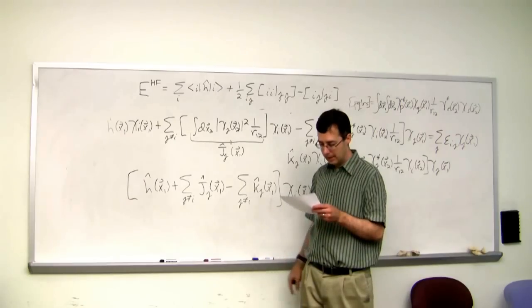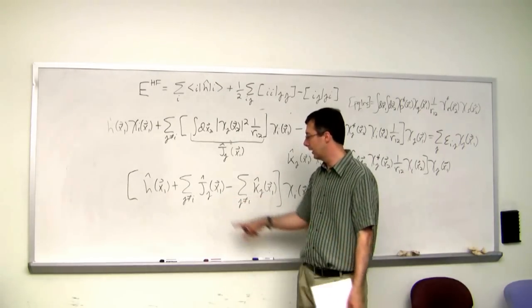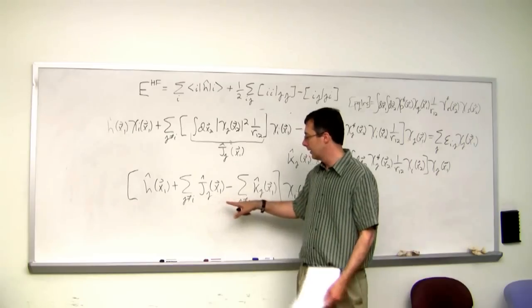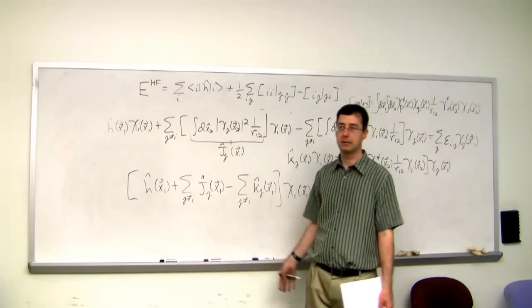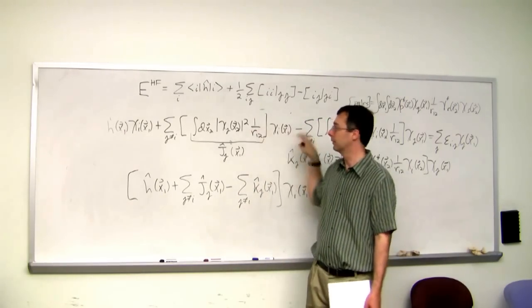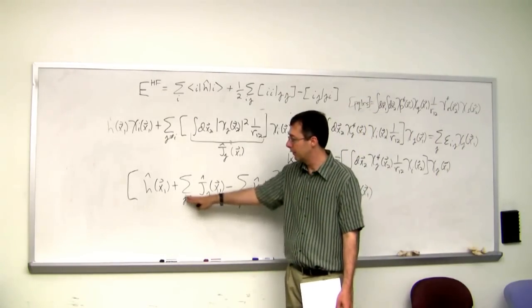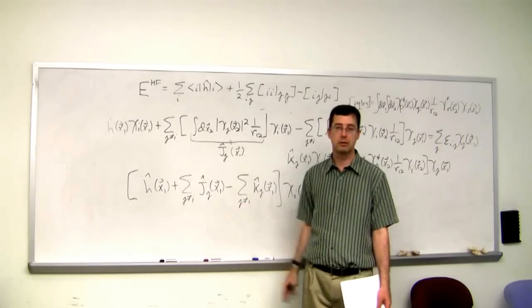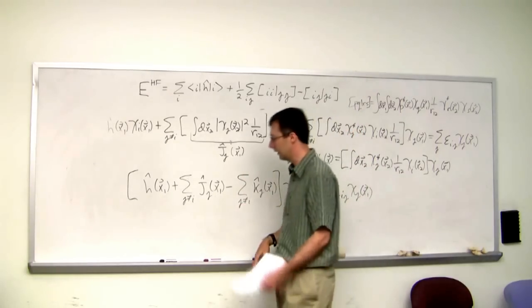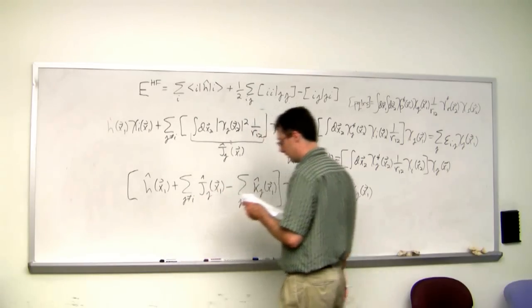So J_i minus K_i acting on some orbital chi will cancel and give you 0. You could go back and prove this from the definitions if you want. So I could go ahead and remove my restriction on the sum, because if I do have j equals i, it's going to go to 0 anyway, so you can include it or not. It doesn't matter. So I will include it just so I don't have to keep writing this j not equal to i.